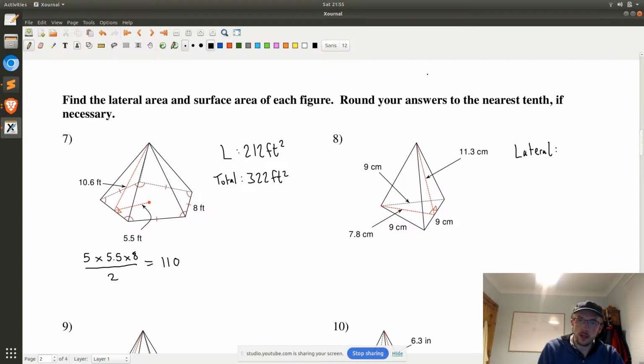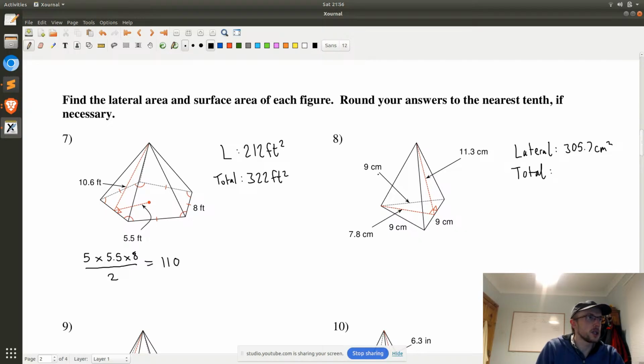Oh, right, sorry, we just have to figure out the area of just one of the sides. So 9 times 11.3, which is 101.7, and then multiply that by 3, which is 305.7 square centimeters.